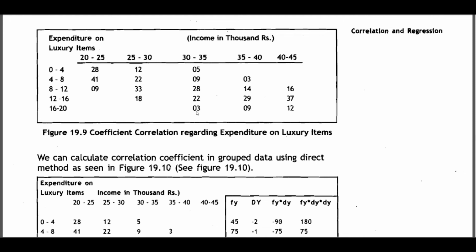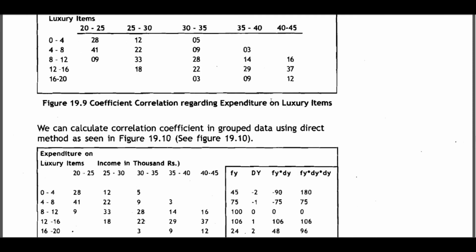So this many households have 16 to 20 items, people from the 30 to 35,000 income group. And there are 39 families of the 35 to 40,000 income group who have 16 to 20 luxury items at home. And this is the way you can read the table.